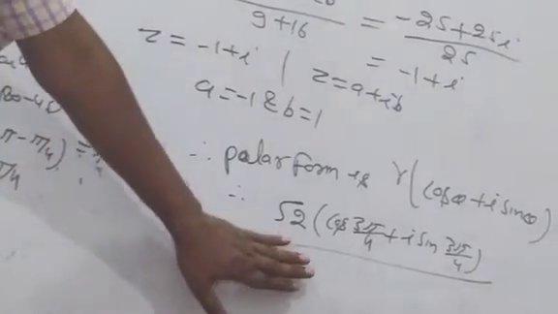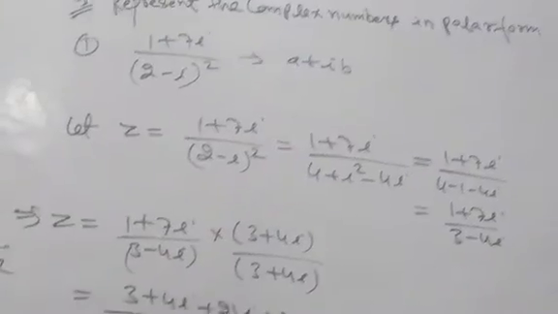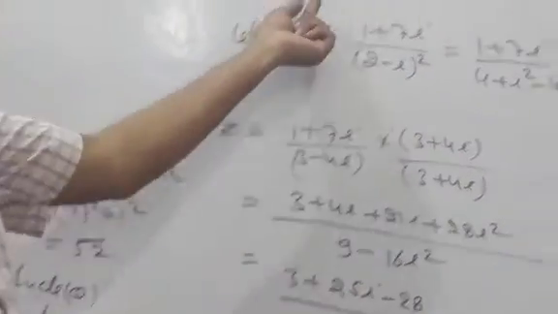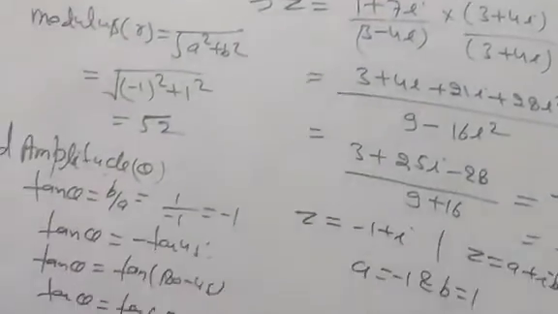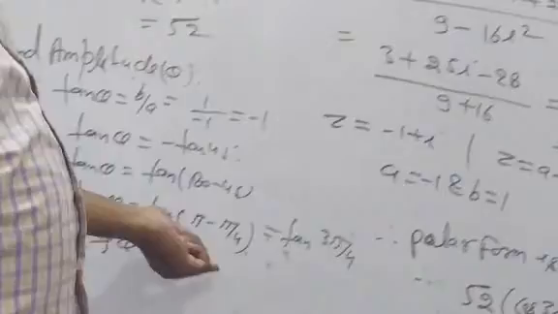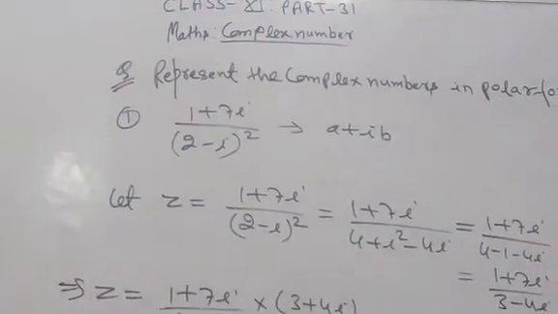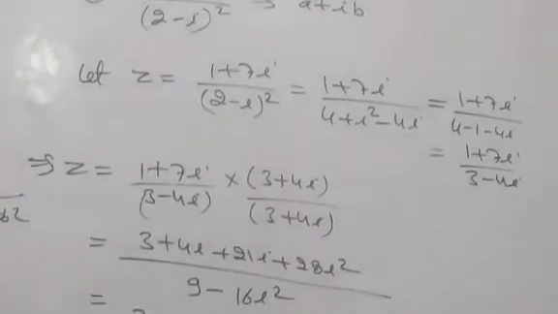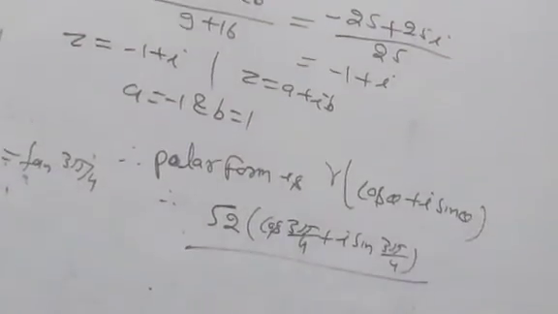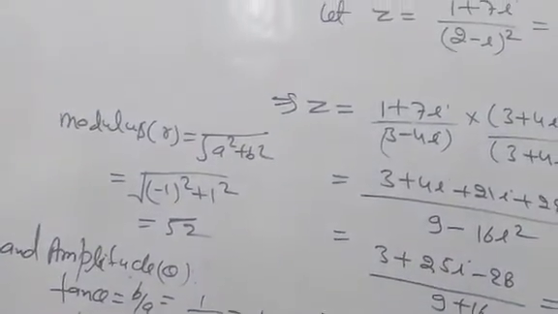Now this is the polar form of this question, and under root 2 is the magnitude, that is the modulus, and theta equal to 3 pi by 4 is the amplitude. In this way we can find magnitude means modulus, amplitude means argument, and also the polar form of the given number. Understood? Okay, try to do the remaining questions.